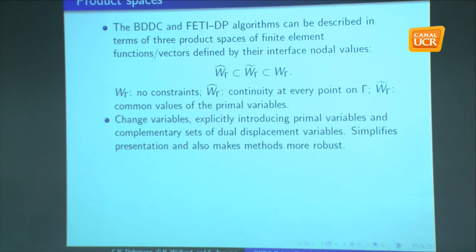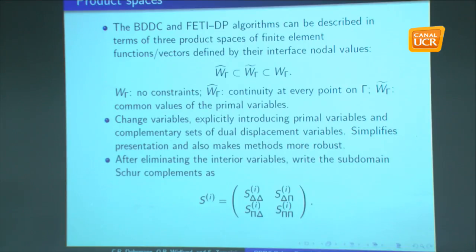Okay, so if you change the variables, as I said, we can separate these things out clearly, which simplifies the presentation and also makes the method better. So after eliminating the interior variables, we end up with what are called Schur complements. And they represent actually the energy of the harmonic extension, the minimum energy extension, of boundary or interface data to the interior of the subdomain.